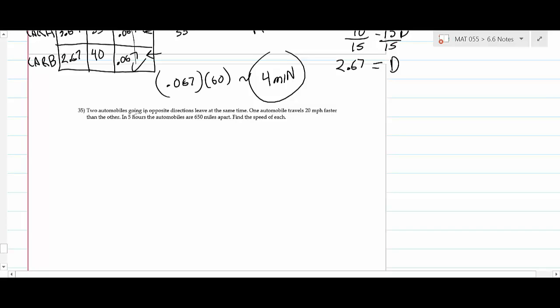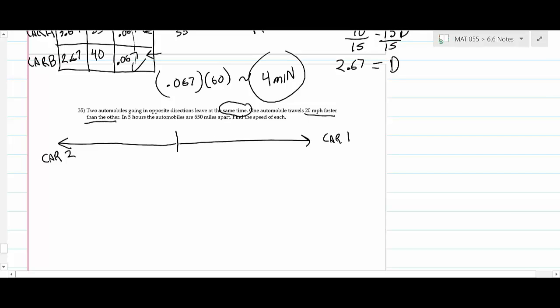This says two automobiles are going in opposite directions. A lot of times on these problems, I like to draw a picture. So they're going in opposite directions. Okay, and it says they leave at the same time, so something's the same. Then it says one automobile is going 20 miles per hour faster than the other one.